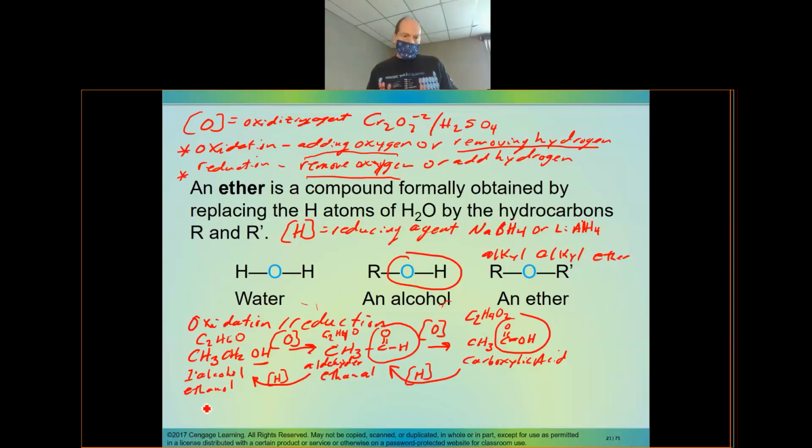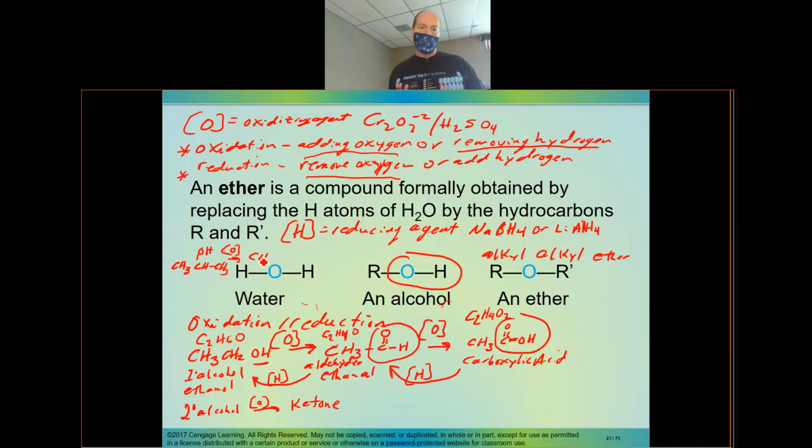All right, now if we do a secondary alcohol, when we oxidize it, we get a ketone. The simplest secondary alcohol would be isopropyl alcohol. So here's your secondary alcohol, and it will be oxidized into a ketone.